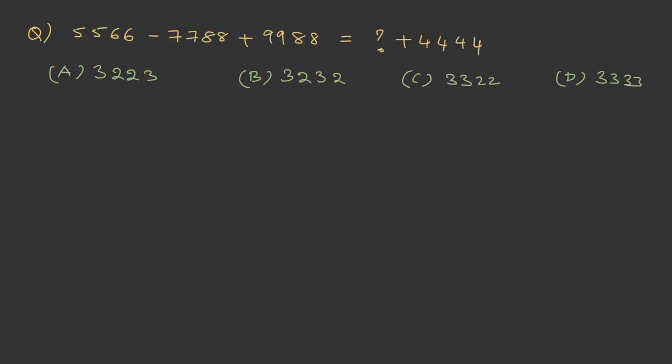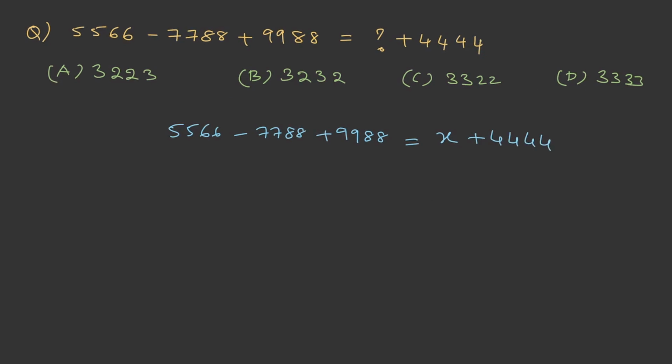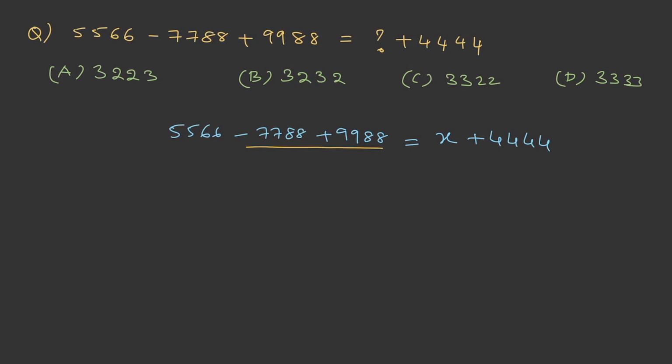Then we have a question where we have some numbers and some arithmetic operation. Let's write down the question. Look at these numbers. We can clearly make out from 9988, if I subtract 7788, it is 2200. And because 9988 is positive, I will put it as plus.